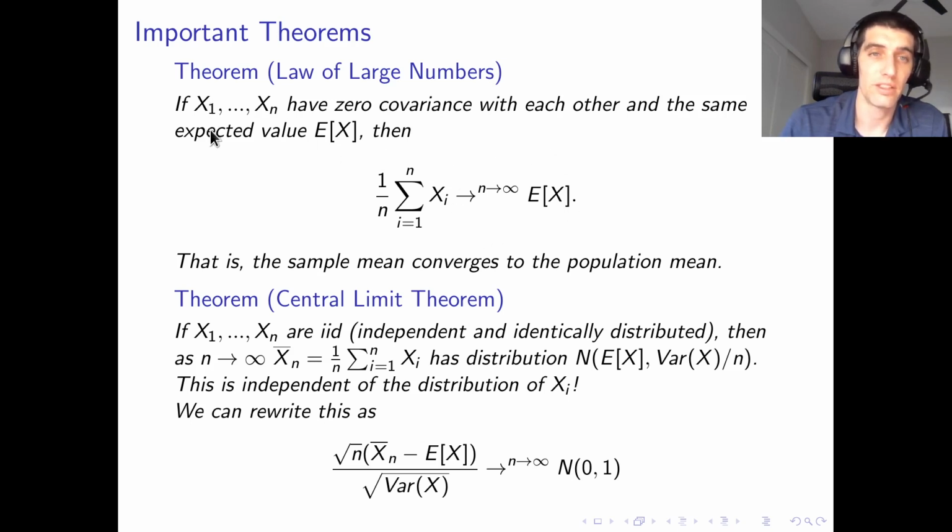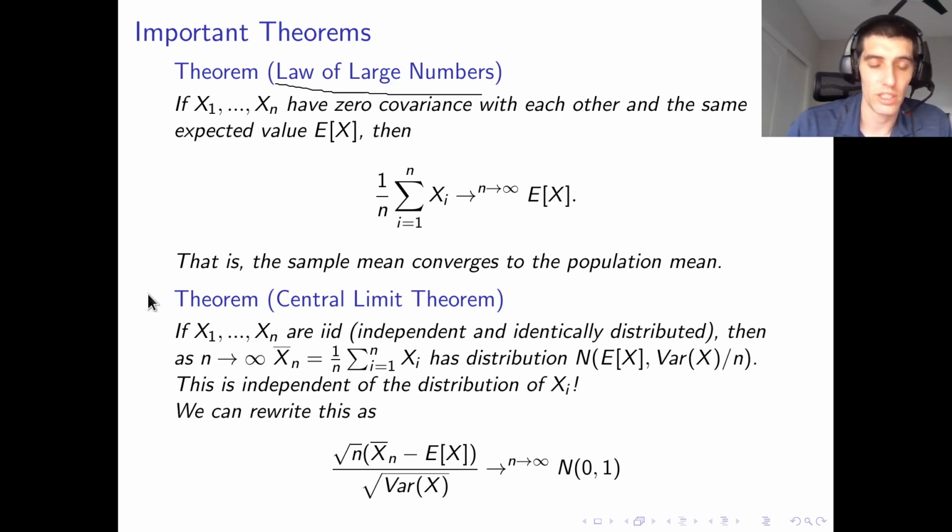What that means is the sample mean converges to the true expectation. This is as you would expect, right? As you take a large number of samples, the sample mean collapses onto the true mean. The law of large numbers has a funny name, but it just formalizes that. So the sample mean converges to the population mean as the number of samples gets large.